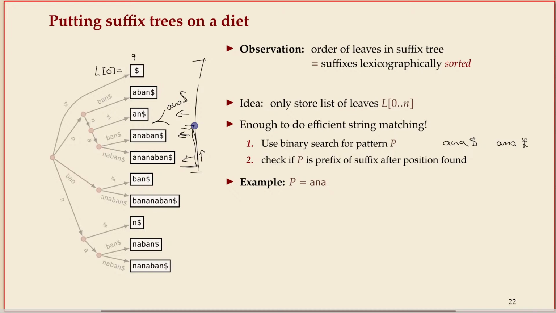If you do this binary search again, you would find that it should go in between here. What does that mean? It means all the words that start with Anna are between those two positions. And if I look in my array at the numbers in this L array, they would be the starting indices of these suffixes, which is nothing but the occurrences, the first index of the occurrence of Anna. So by two binary searches, I can find all the indices where this string occurs.